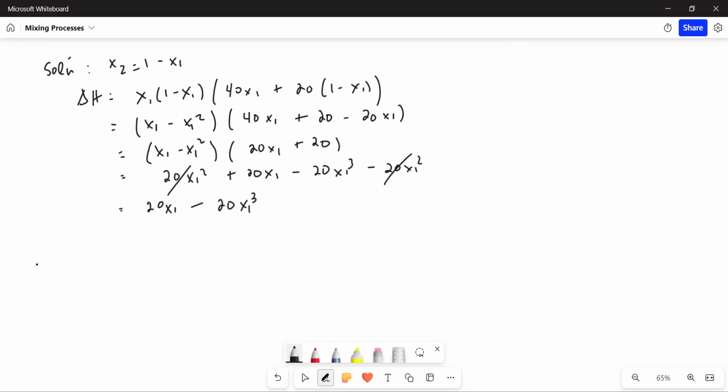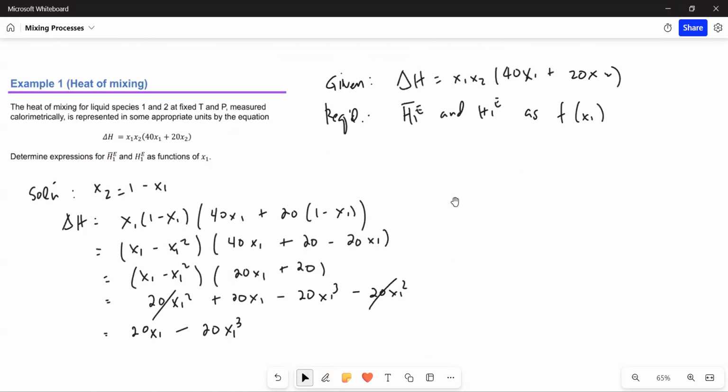Alright, so we have delta H in terms of x sub 1 only. We managed to remove x sub 2. How can we get the partial molar excess property equations?